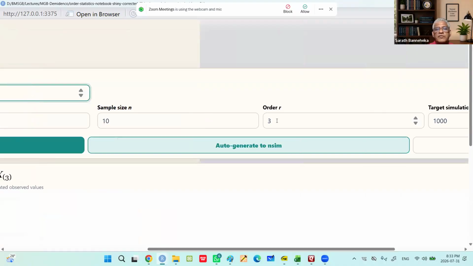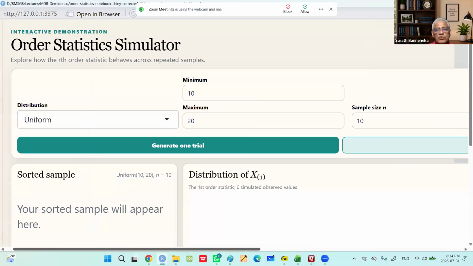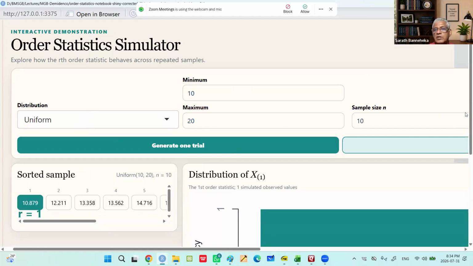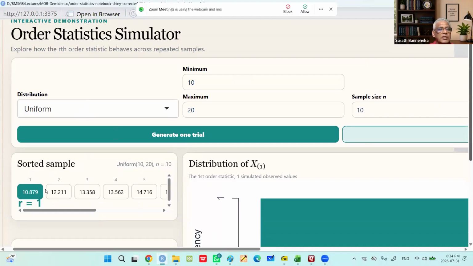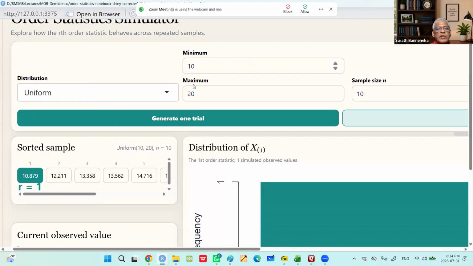And so I will first consider the first order statistic, the minimum. Right. I'm going to generate about 1,000 values, otherwise it will take some time. So I'll generate that 1,000 values. So first of all, I'll take one sample of size 10 from this uniform distribution. Right. So generate one trial. Right. So I have here got 10 values from uniform 10, 20.